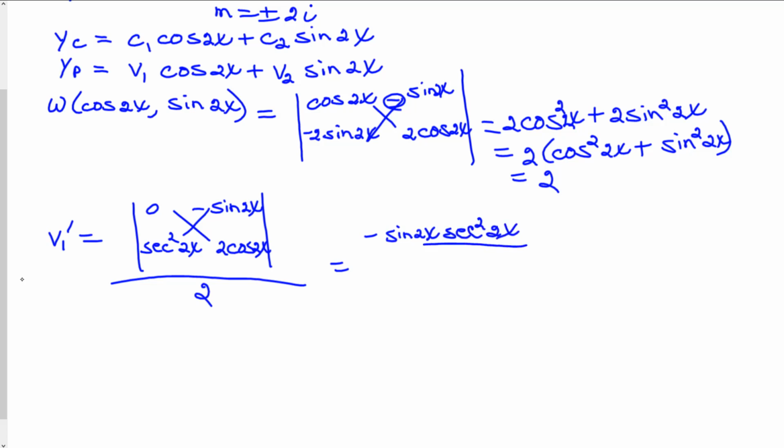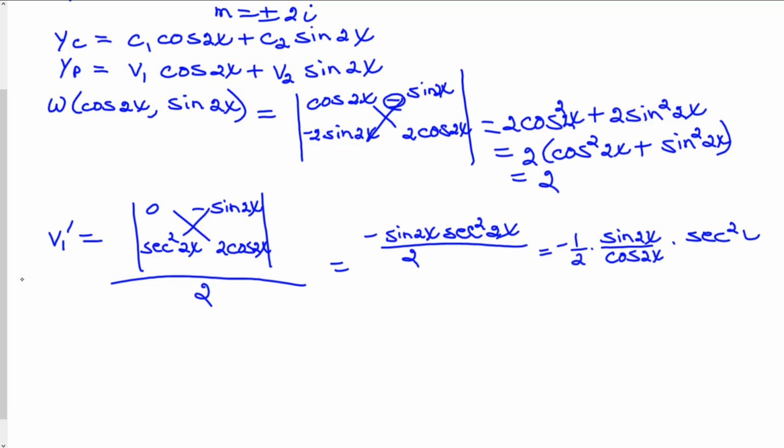divided by 2. And you kind of want to set yourself up to be able to have this written in a form that you'll be able to integrate. So since I know secant 2x is 1 over cosine 2x, let's pull out the negative 1/2 and rewrite sine 2x times secant 2x as sine 2x over cosine 2x. And then that would leave us a secant 2x.